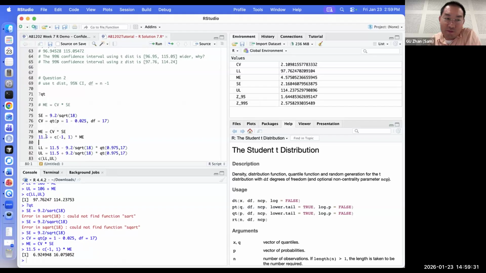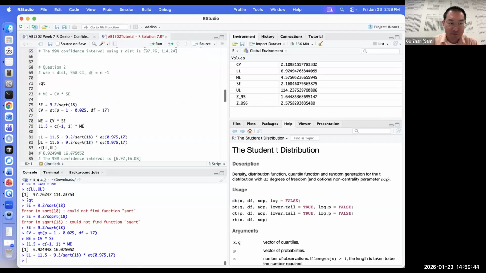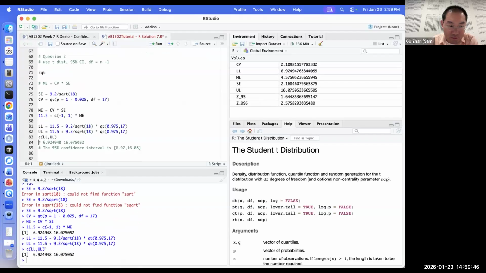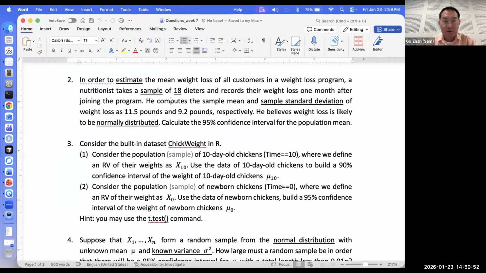So basically 11.5 plus minus 1 times ME, then 11.5 plus 1 times ME. So we give you these two numbers, lower bound and upper bound. Please calculate as this range. Okay, so that's question 2.